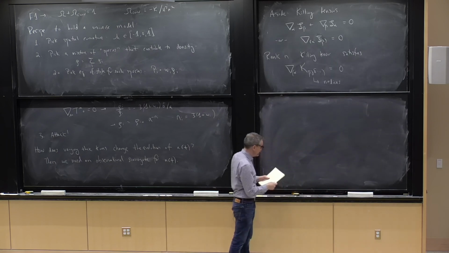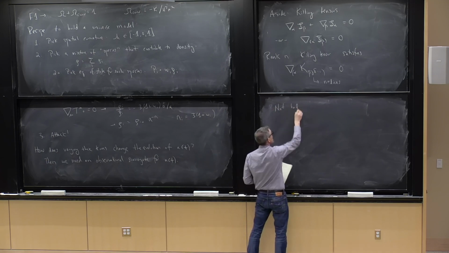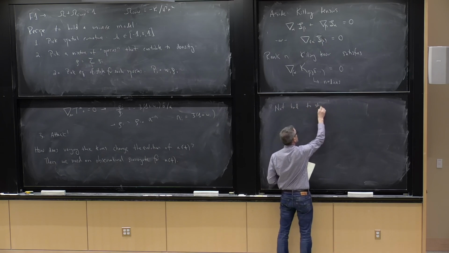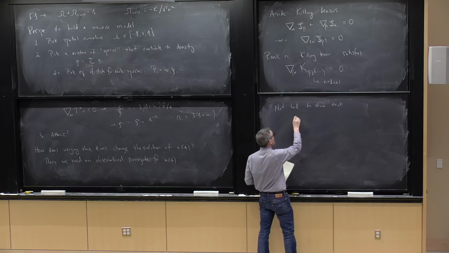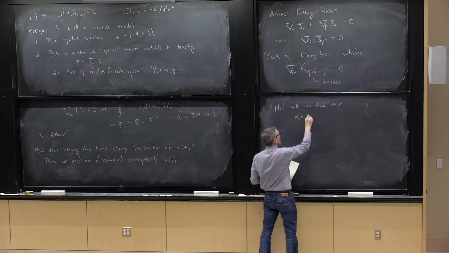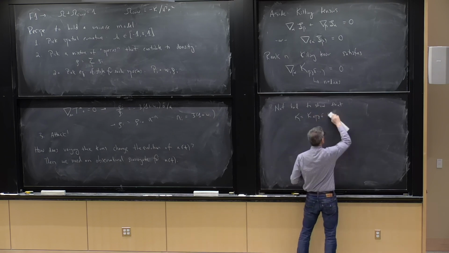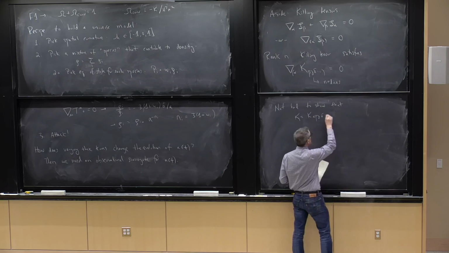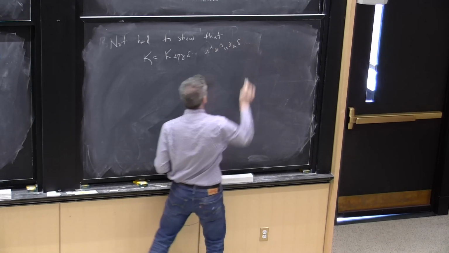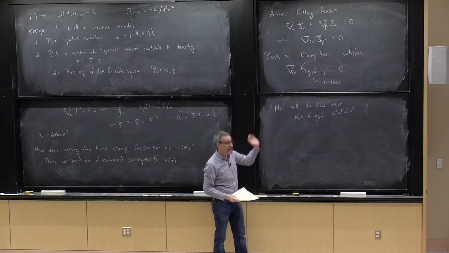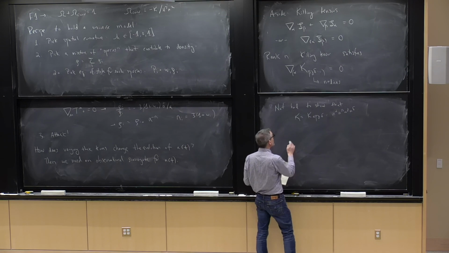Starting with this definition, it's not at all hard to show that if I define a parameter k which is what I get when I contract the Killing tensor, every one of its indices, with the 4-velocity of a geodesic.